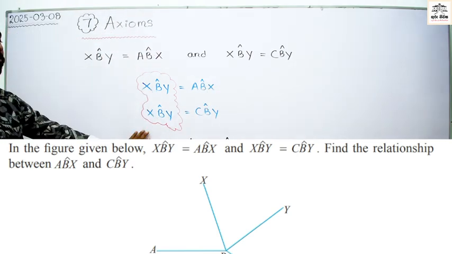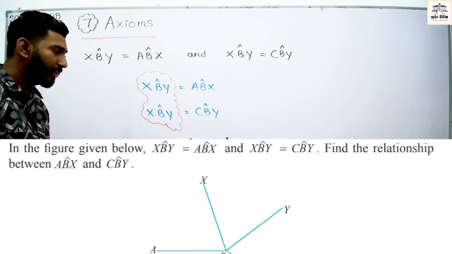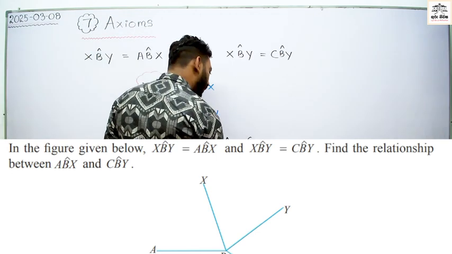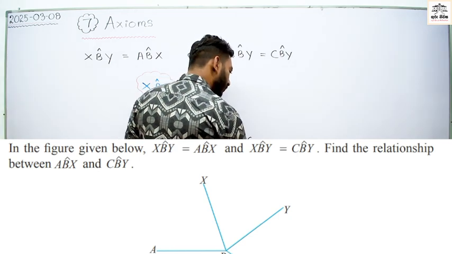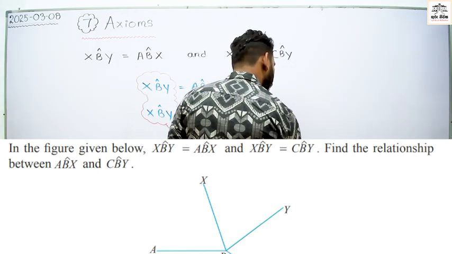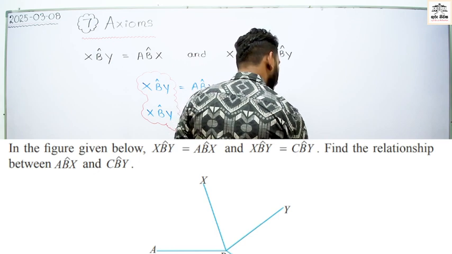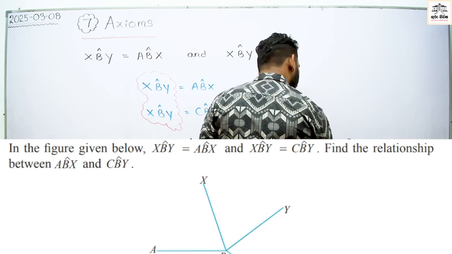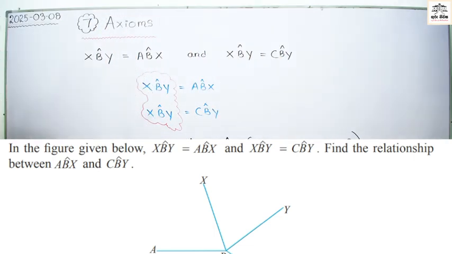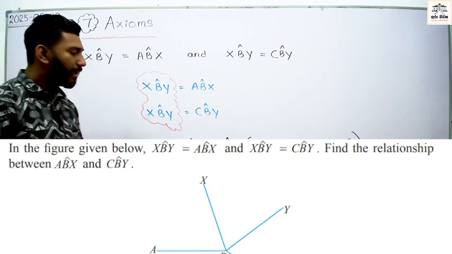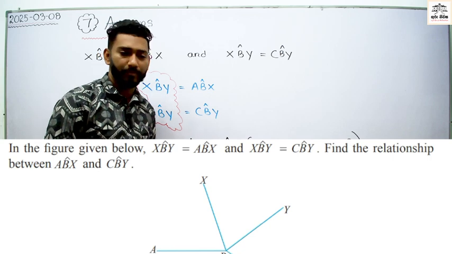Therefore, according to axiom number 1, ABX equals CBY, right?